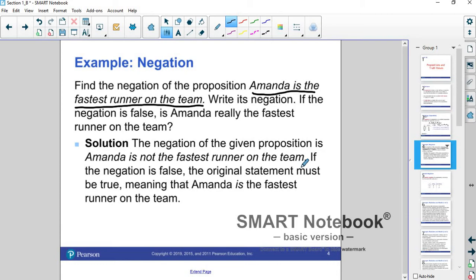The opposite of the fastest is not the slowest, right? It just means if you're not the fastest, that means you could be the second fastest or the third fastest. It could be that you're the slowest, but it doesn't have to mean that. And so if Amanda was the fastest runner, then this statement would be true and this statement would be false. If she is not the fastest runner on the team, then this statement would be true and this statement would be false. That's just the way it works.